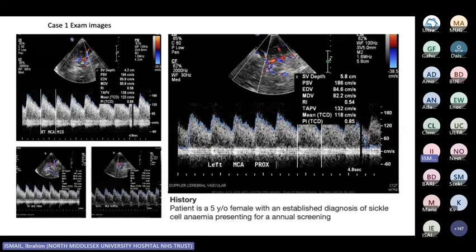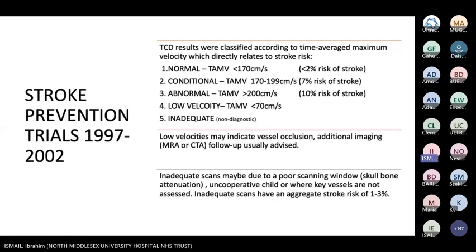So always look into the mean and don't be fooled by the peak systolic velocity. Because it falls below the 170 mark, it is normal. Good.